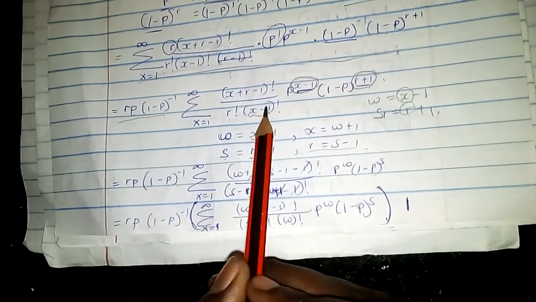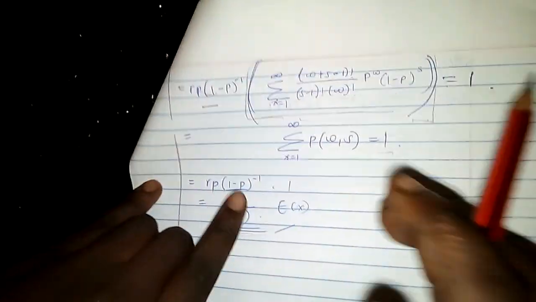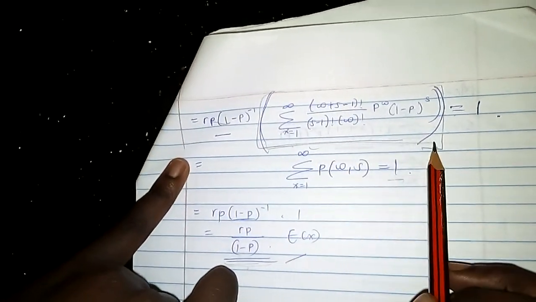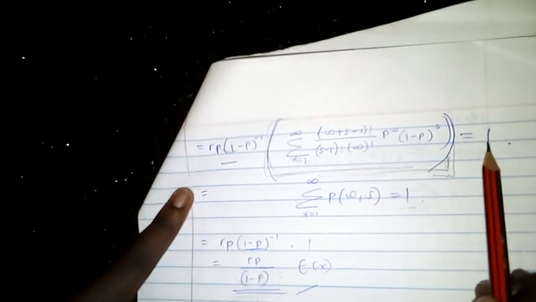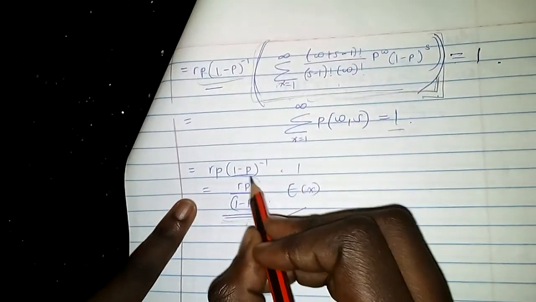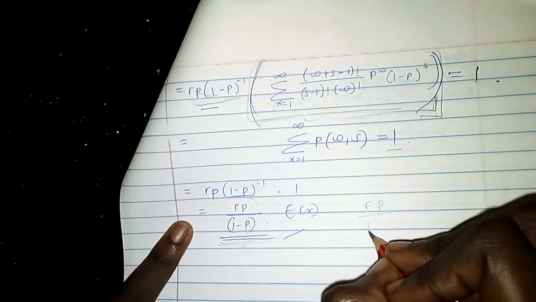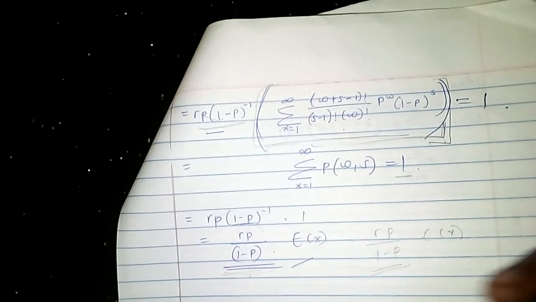Then we shall substitute in here. When you substitute there, you're going to get this function, but for the negative binomial, the whole of this is the same as 1. So we're just going to multiply this constant times 1. We get this, which is rp out of 1 minus p. That's our expectation of the negative binomial.